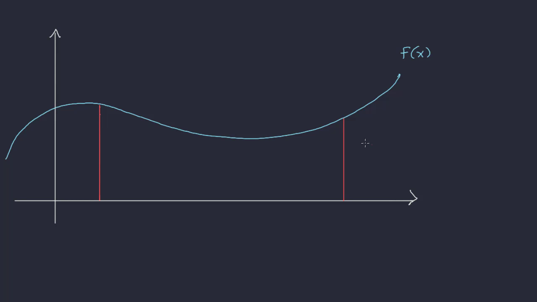Well, what we end up doing is, if I wanted to approximate the area beneath this curve, well, we could do so with some rectangles, right? We could, let's say this rectangle, then maybe use this rectangle, then this rectangle.